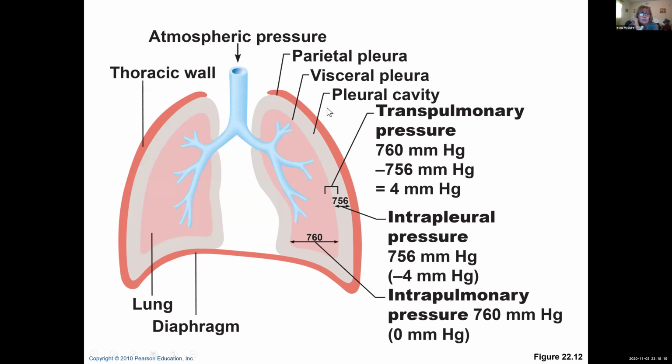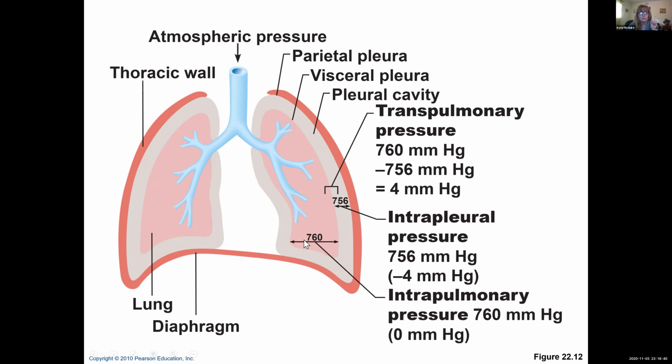So we must have this transpulmonary pressure, because think about it, if the pressure is less over here, it expands your lungs. It's like you create this force that stretches your lungs and keeps them open.